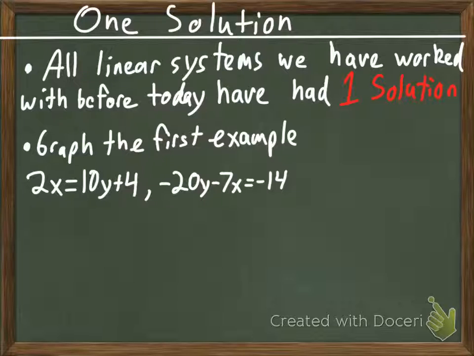In comparison to our first special case, these two lines are going to intersect. So because they intersect, they have a solution. And because they only intersect at one point, they have one solution.